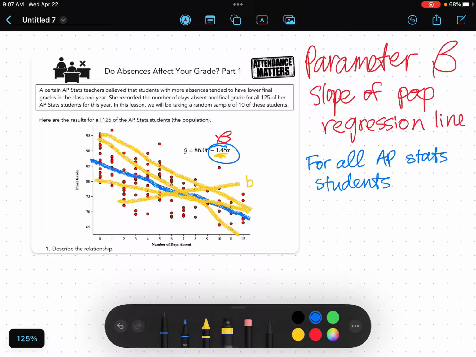The other thing that you have to think about is that this is on average. This beta is the average of all sample slopes. So it's still going to have the language of as the number of days absent increases, the final grade decreases by about 1.45, but we have to talk about it being on average.